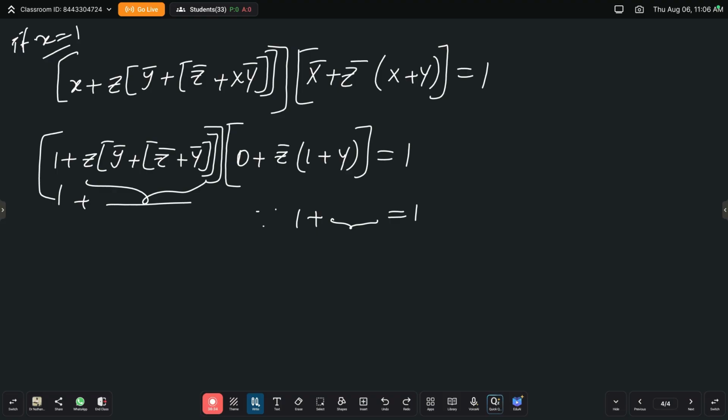Then 1 into something is that something only. Yes or no? If any expression, that will be returned. This is a common rule, you know. Then what is the outcome? Z bar into 1 plus y equals 1. So this is a simplification of the equation.